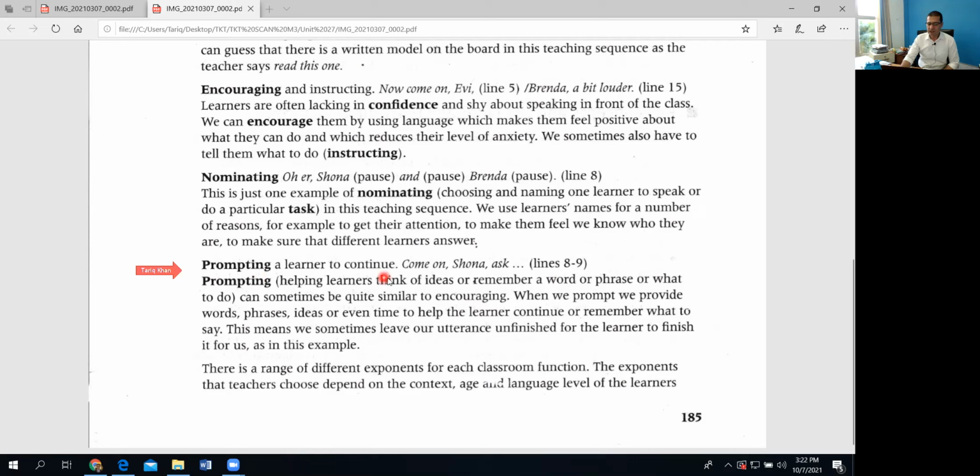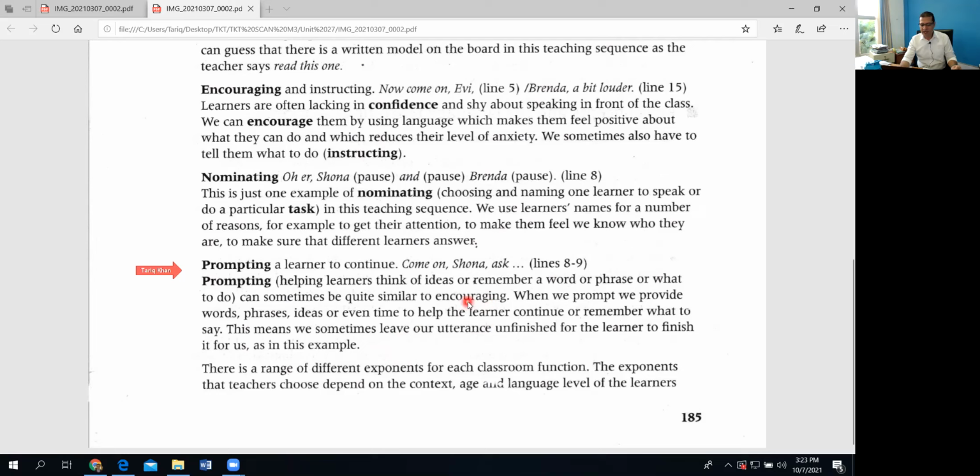Next is prompting. Prompting a learner to continue. "Come on, Shona, ask. Line 8 and 9." Prompting helps learners think of ideas or remember a word or a phrase. What to do can sometimes be quite similar to encouraging. So with prompting, you are giving them a little bit of a clue about what they are supposed to do, so they are reminded in their mind.